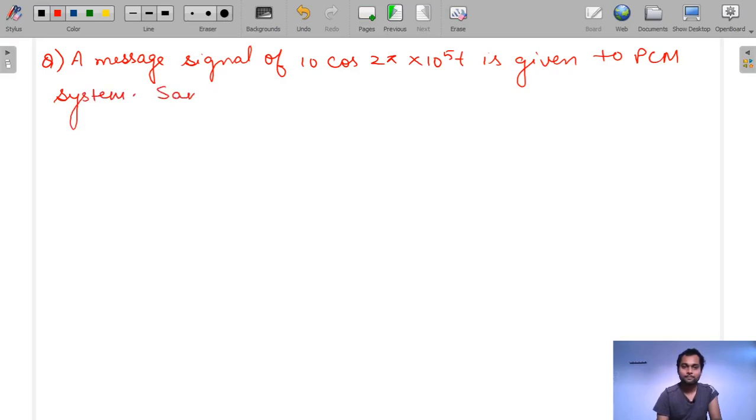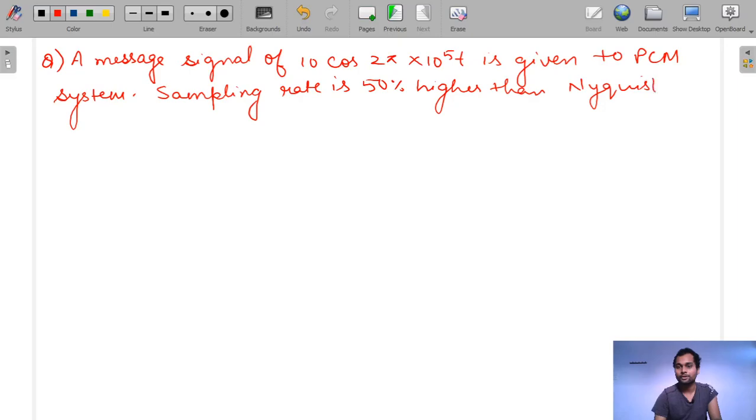This time sampling rate is 50% higher than Nyquist rate. So this is the only twist in this question, that the sampling rate is 50% higher than the Nyquist rate.